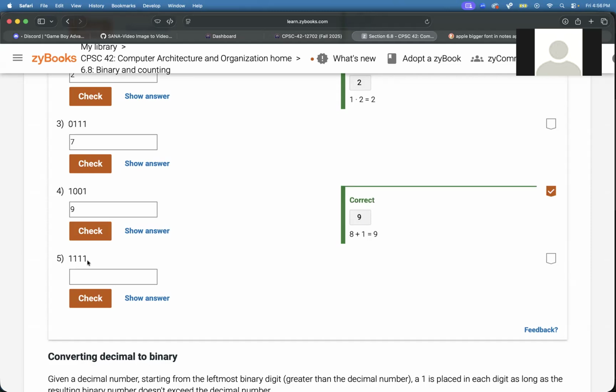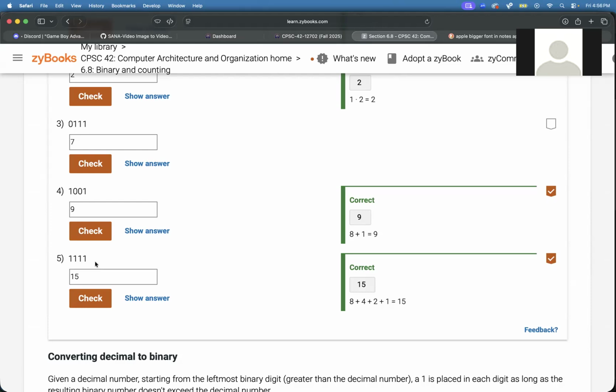This is 1111, which is 8 and 4 and 2 and 1. Although the way that I would do it is 4 bits, 2 to the fourth is 16. But if they're all ones, it'll be one less than that, so it'll be 15. So 111 is 7 because it's 3 bits, 2 to the 3 minus 1.